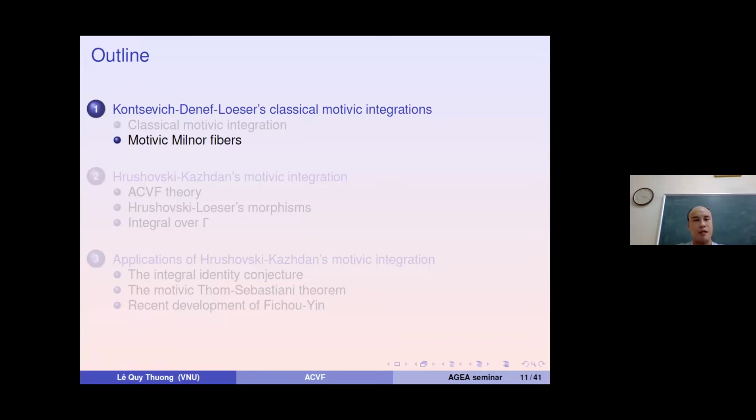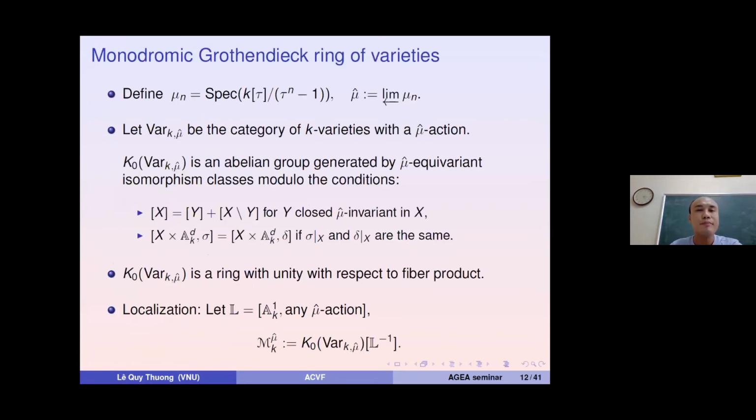And now I would like to mention the equivariant version of some motivic quantities. This means I want to mention motivic invariants and the monodromic Grothendieck ring of varieties.